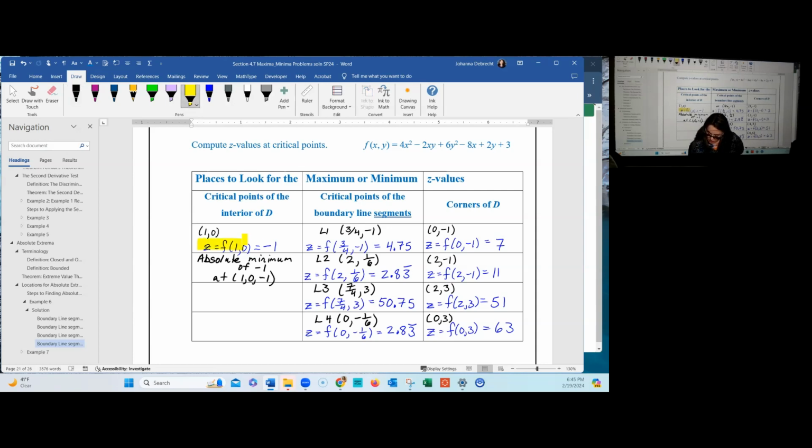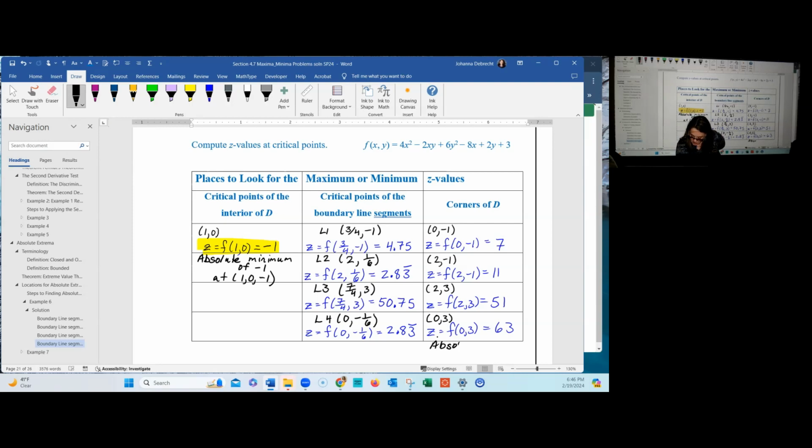Let's now take a look at the largest z value that we were able to find. The largest one out of all the values is 63, which was found at a corner, 0, 3. This makes this the absolute maximum.